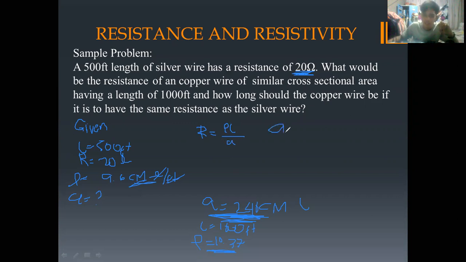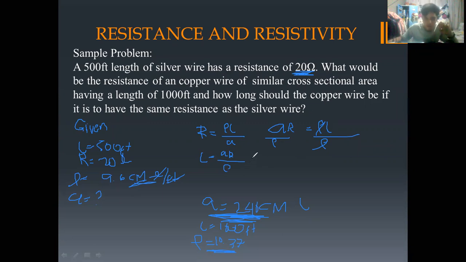Multiply lang natin area times resistance equal to rho length. Okay, tapos divide natin itong rho para cancel ito. Yung length natin is equal to area times the resistance over resistivity.